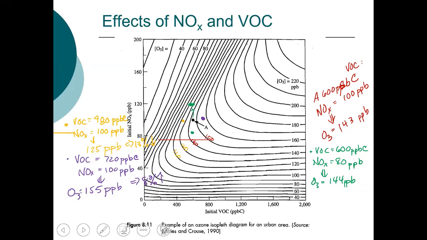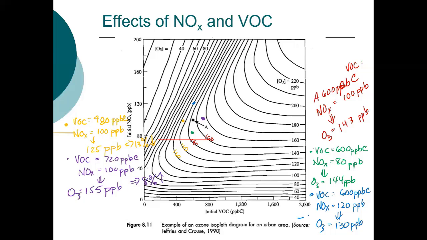Let's change the color. We're right about there. So VOC is the same. Our NOx, we've increased to 120 parts per billion. And now we have an ozone concentration of about 130. So we've actually achieved about a 9% decrease.